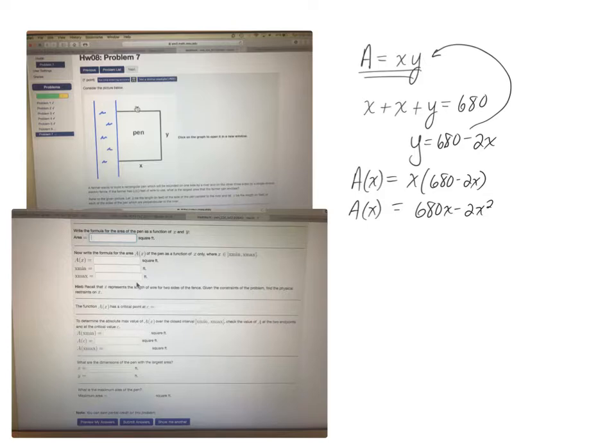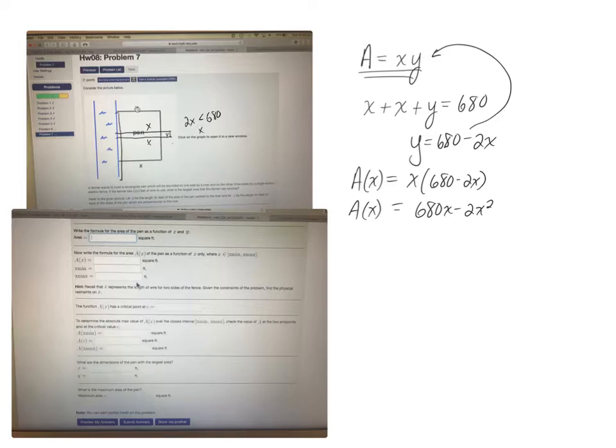And the two scenarios would be, you could have x be virtually 0, just big enough so that you would have some width to this thing, and have a really, really long pen, so y would be really big. Or you could have x be really, really long and it be skinny like this. So if that were the case, with an x on this side and x on that side, two x's would essentially have to be just less than 680 feet.